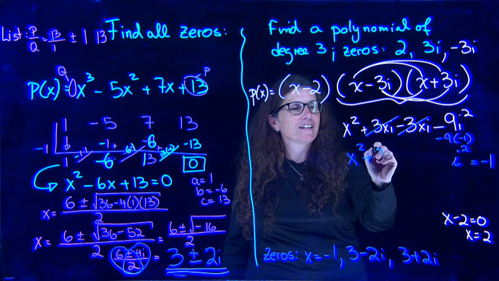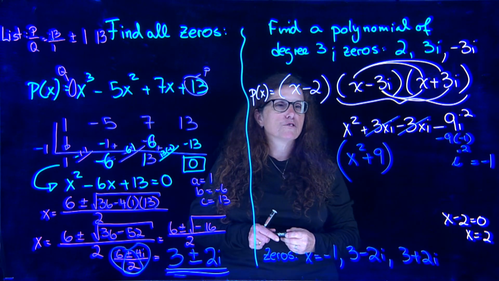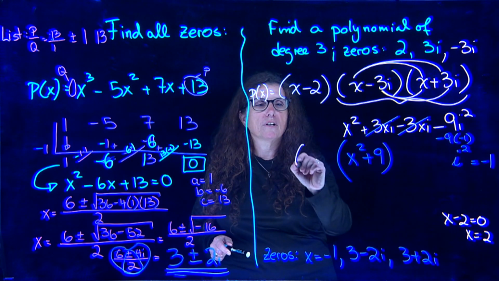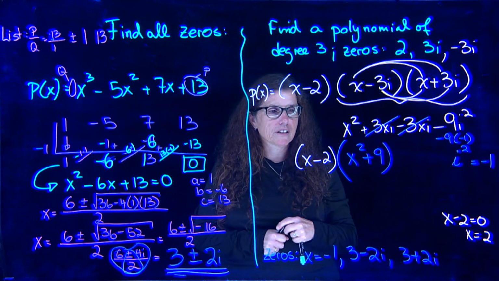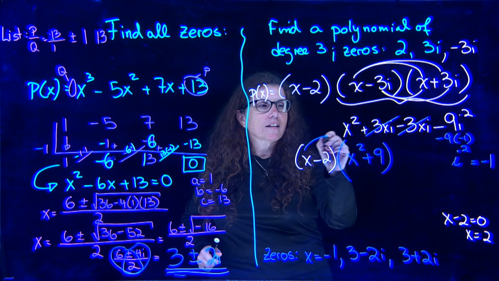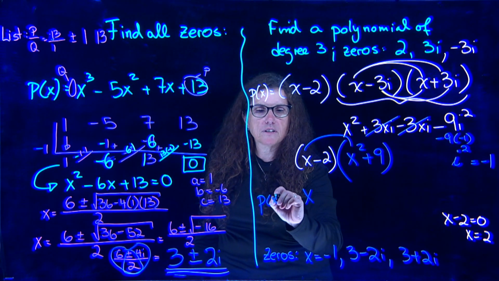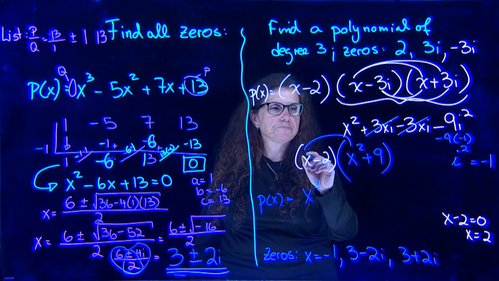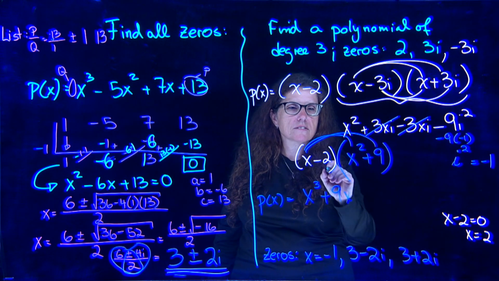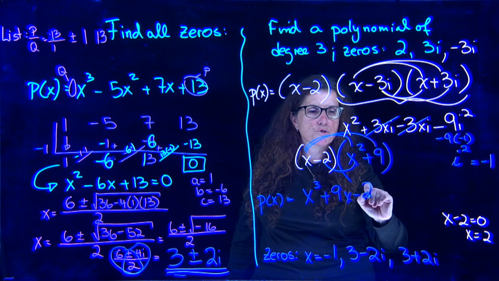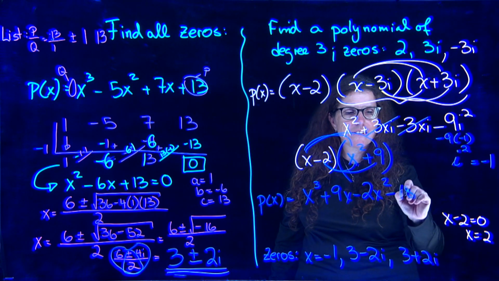X squared plus 9, if I simplify it all. This now needs to be multiplied, don't forget, by the x minus 2 factor. Okay, we multiply again. X times x squared, there is my third degree polynomial, plus 9x minus 2x squared minus 18.